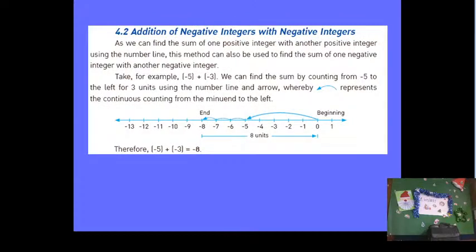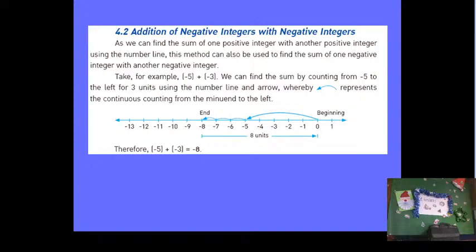Now the important thing I was telling is addition of negative integers with negative integers, right. Let us say we have minus 5 and minus 3. When we have two of the same sign, positive with positive or negative with negative, if we add them the answer keeps the sign. We have minus here, minus here, so the answer is minus 8.